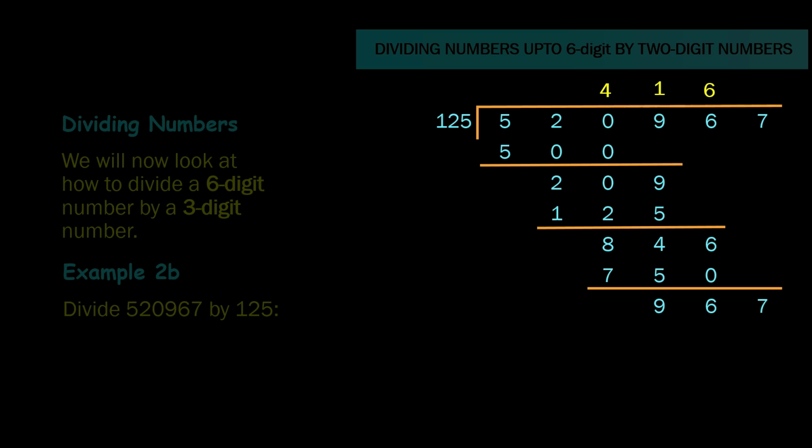How many 125s are in 967? There are 7. Multiply 7 by 125 to give 875.